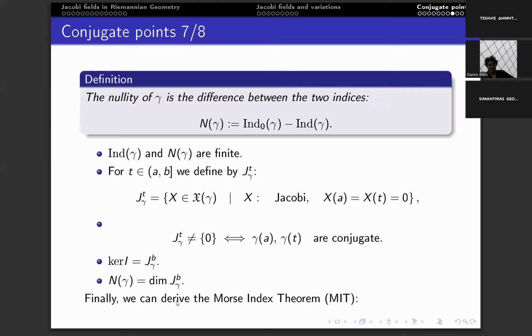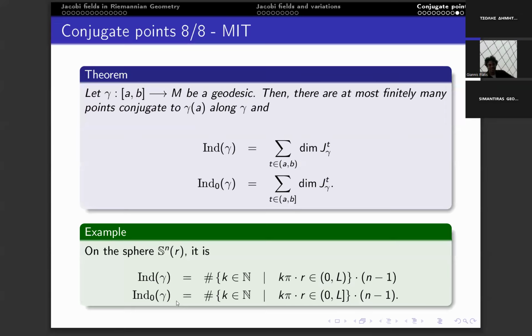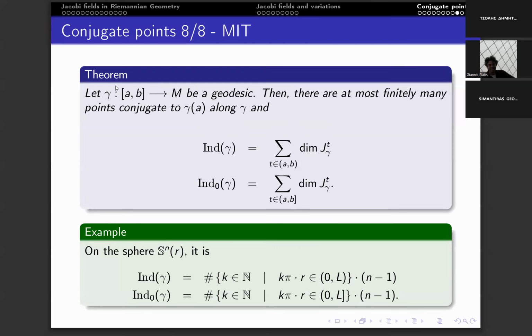And finally, we can derive the Morse index theorem. Let's call it MIT, not the usual MIT. The main theorem, the Morse index theorem, states that if we start with a Riemannian geodesic gamma, then there are at most finitely many points conjugate to gamma(a) along gamma, and the index of gamma and the extended index of gamma can be given using these formulas here.